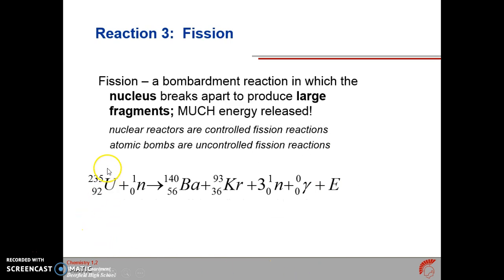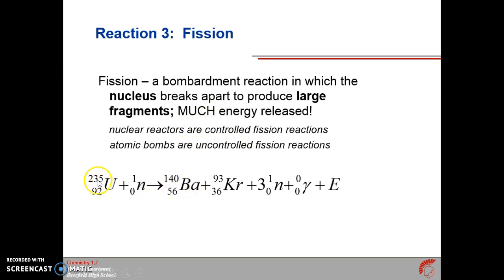So here's a typical example. There's only 2 elements we know of that naturally undergo fission: uranium and plutonium. In order to accomplish fission, one of the things you'll see is we bombarded uranium with a neutron, but notice that 3 neutrons come out. That's key to allowing these reactions to take place.